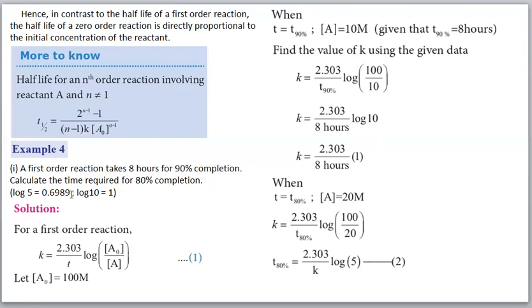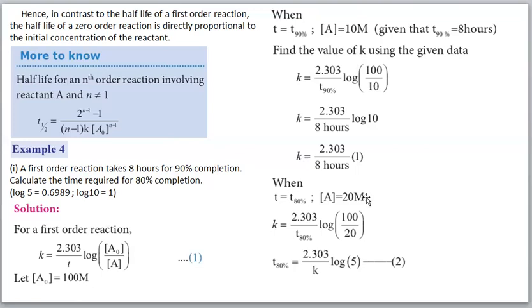Then the second one: what they are asking is the time required for 80% completion. So when T is equal to T 80%, A is how much? 80% of the reaction is completed, so the remaining quantity is only 20%. The initial quantity taken is 100 molarity, so the concentration of A after time T we can take as 20 molarity, using the same unit.